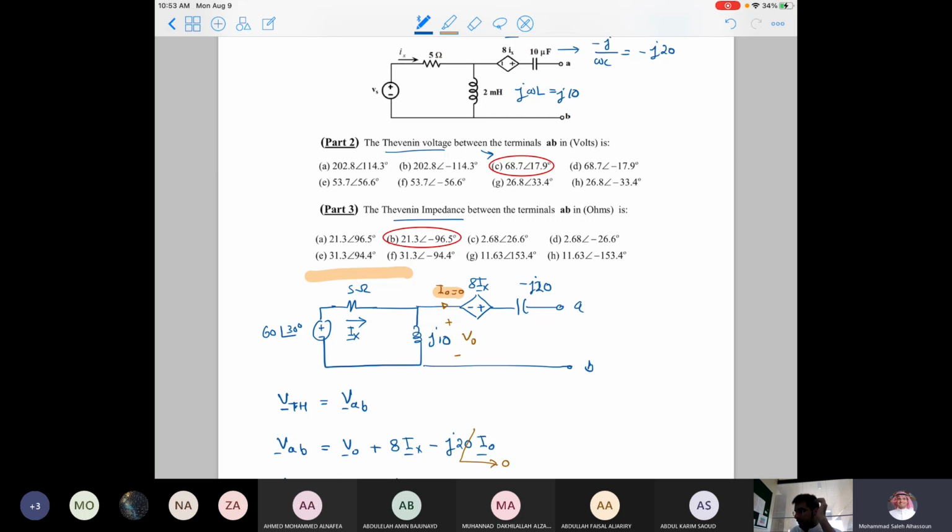I wrote it this way, but let me double check if we can do it with the other approach. We still can do it, I'm sure of that. Ix in this case, if you apply a test current and then you try to find it, it might be a bit complicated. You can try it, but there are some problems where applying a test source is really easy.